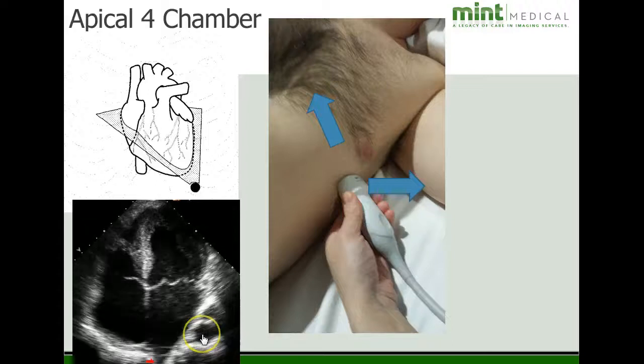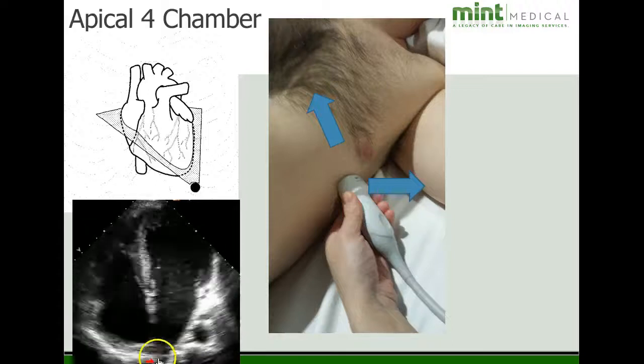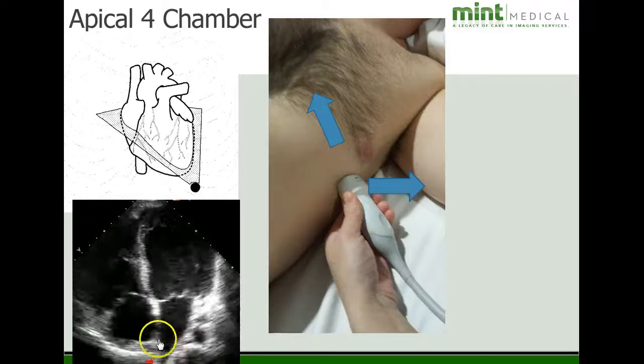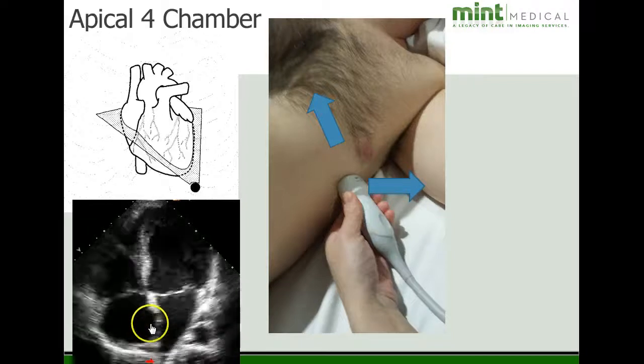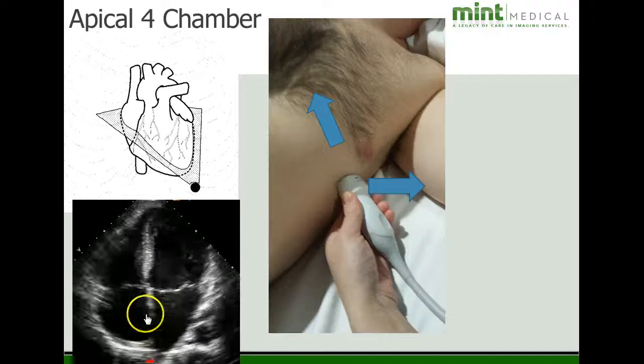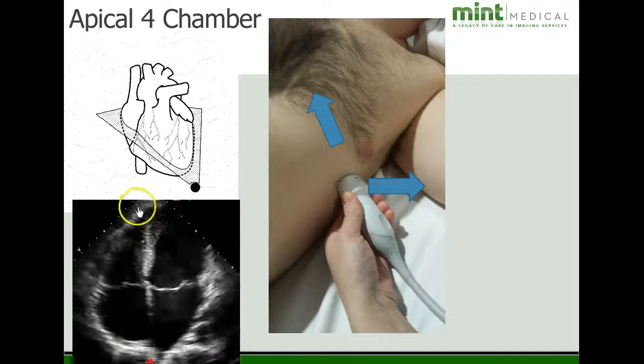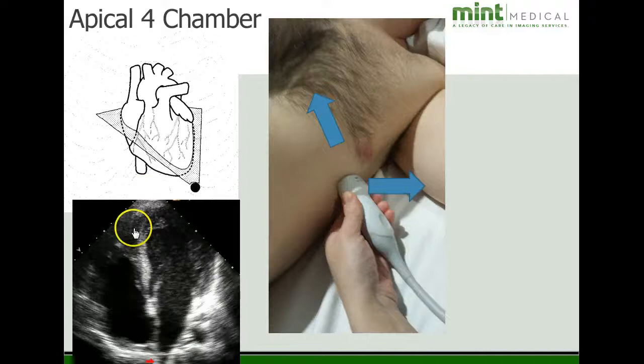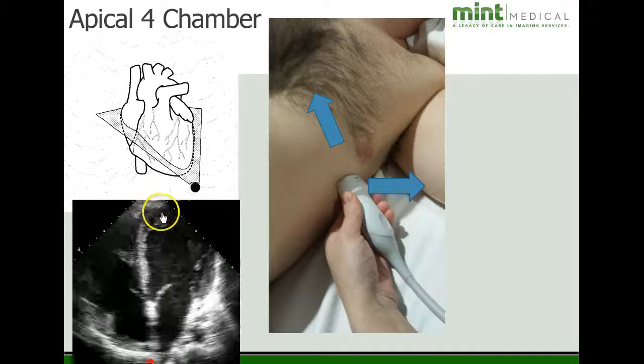Descending aorta is seen here. Nice view of the right upper pulmonary vein. And in this view, you like to line up your transducer so your interventricular and interatrial septum is parallel to the middle of your beam axis. And you want to make sure your right ventricle is inserting lower than the left ventricular apex so you do not foreshorten your image.